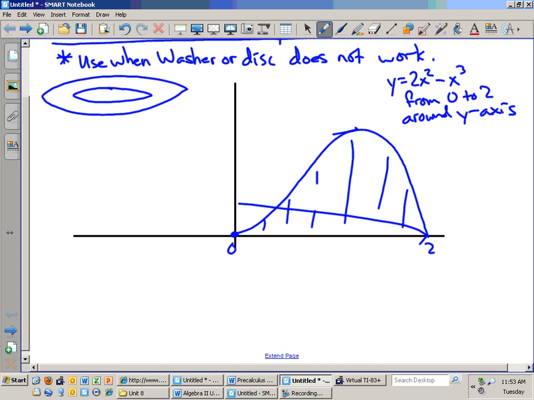When you slice it and you look for the washer, this is our y-axis, which is x equals 0. This is our inner radius, our small radius, which is the function, so we have y equals 2x squared minus x to the third. And that also happens to be the outside function.